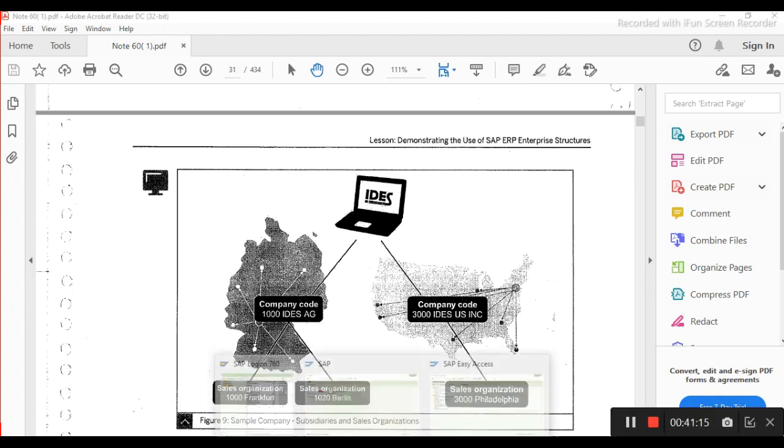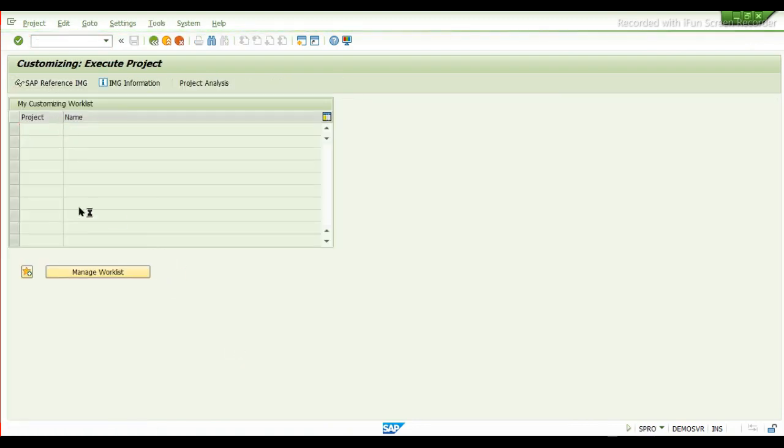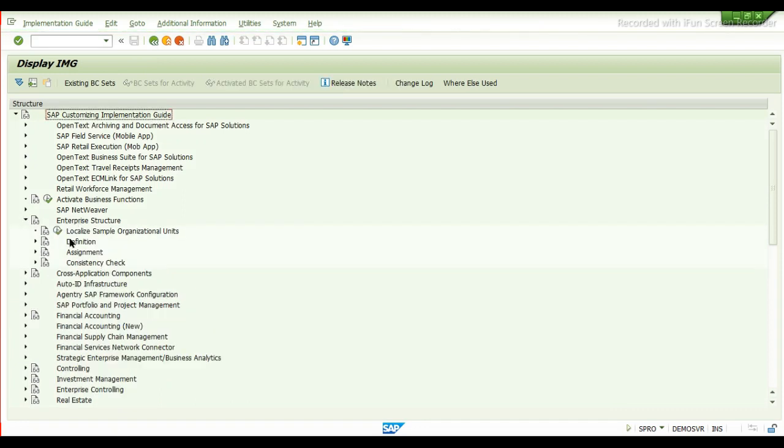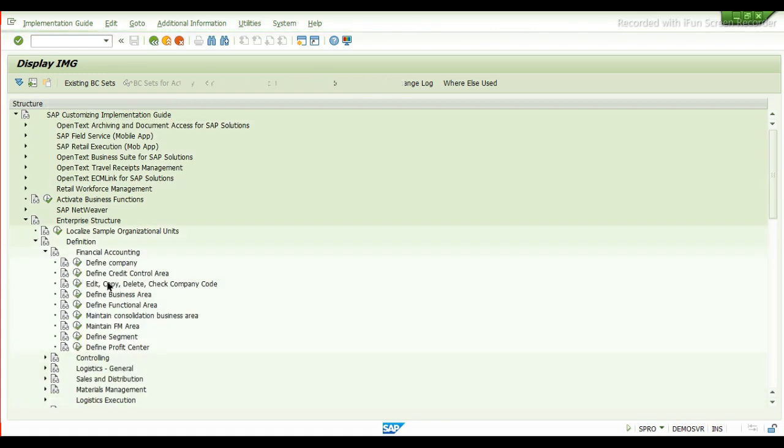We have a system here. We will create all the organizational units in the system. Let me show you in the system: in order to create the enterprise structure, we go to transaction SPRO, then to the reference IMG. We have the enterprise structure here, where we set up all that. First we define, then we assign. Under financial accounting, we create the company code and company.